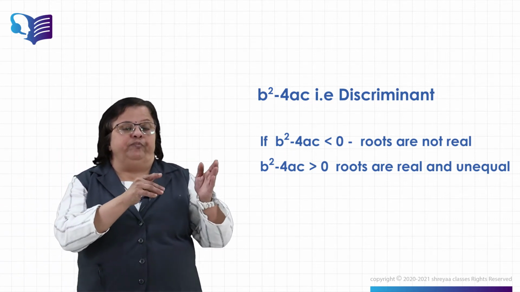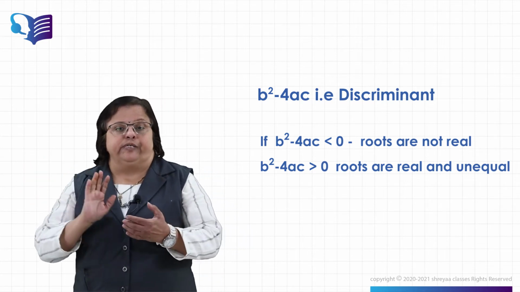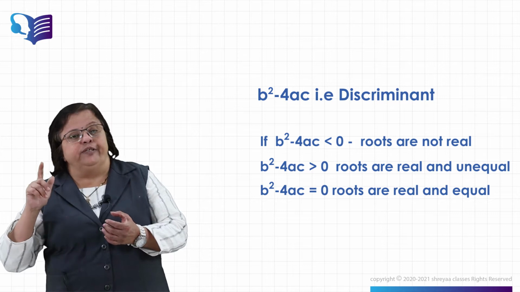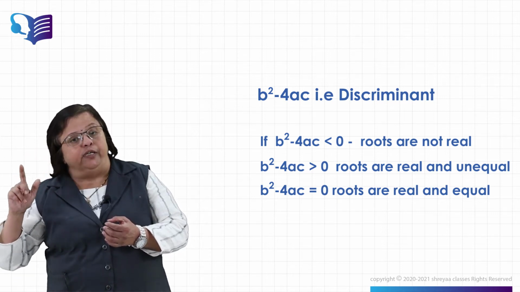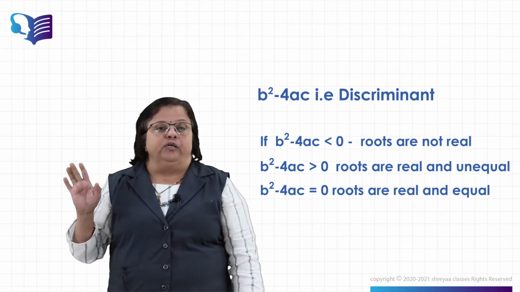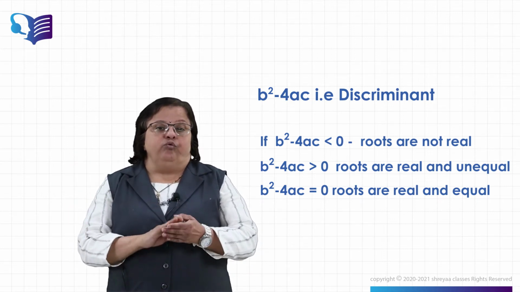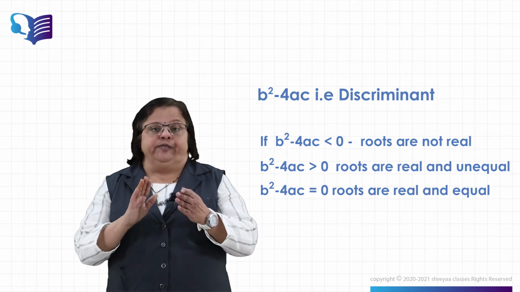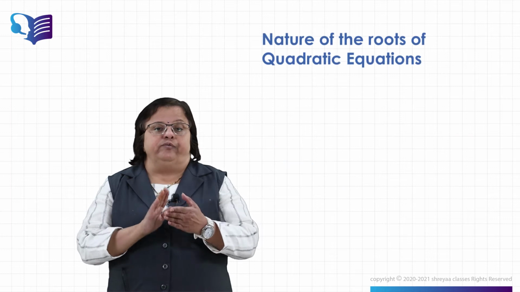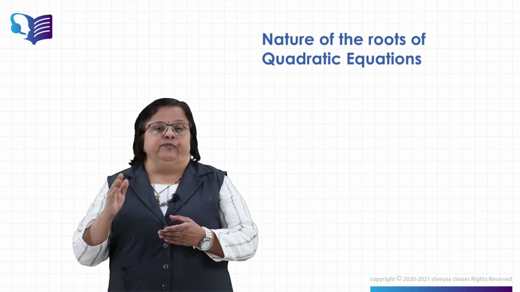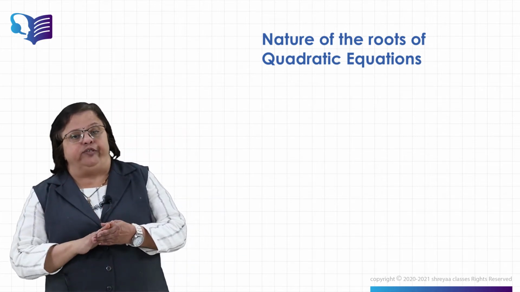Means one value of x is 4 and the other value is minus 5, like that. And if the value of b square minus 4ac is equal to 0, the roots are real and equal. Both the roots are the same. So in this way, by finding out the value of b square minus 4ac, we can identify the nature of the roots. Let us see the example.